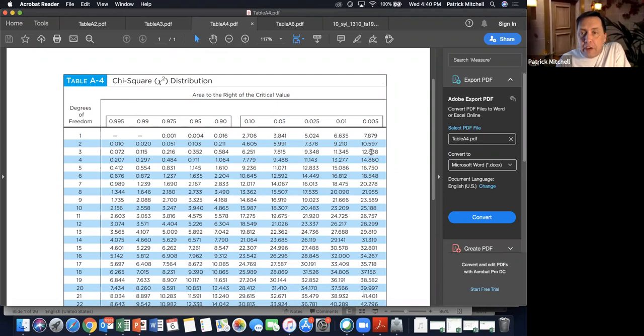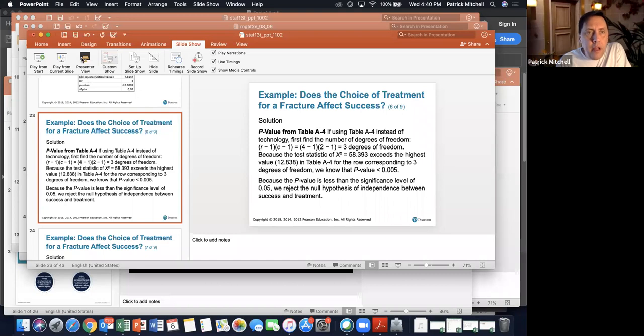So they have a nice picture in the PowerPoint, but 58.393, I think it was, is much, much bigger than 12.838. So that means the p-value will be less than 0.005. Right? We got a much better, more specific answer from technology, but that would be good enough for what we're doing.